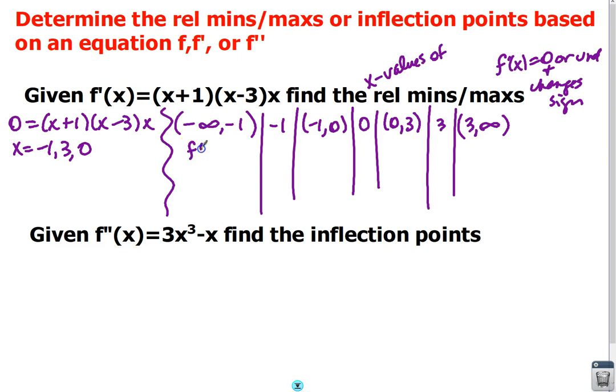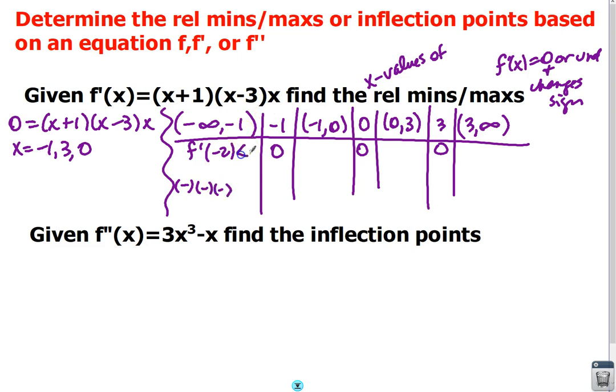So let's look at f prime of negative 2. I know that this is equal to 0 at these three points. Luckily this is all nice and factored for me, so I can just plug this into the factored version. Negative 2 plus 1 is a negative, negative 2 minus 3 is a negative, times another negative.